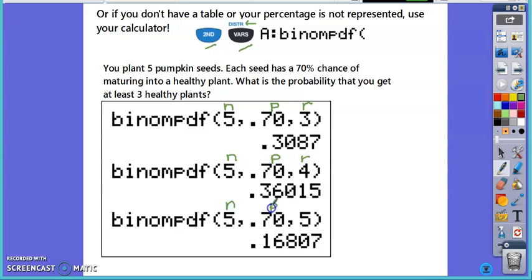So just another way of finding the probability of 3 or 4 or 5, and then adding all of those together, 83.7%. And hopefully this last thing isn't going to confuse you, but hopefully it will help you a little bit more.